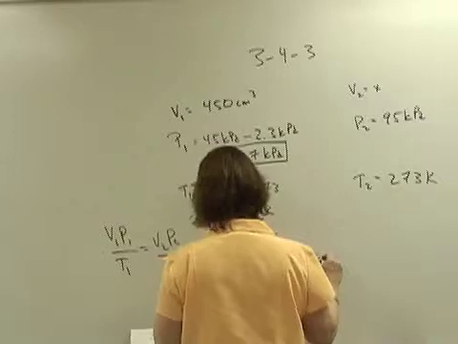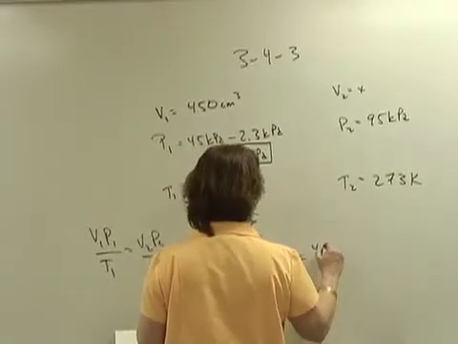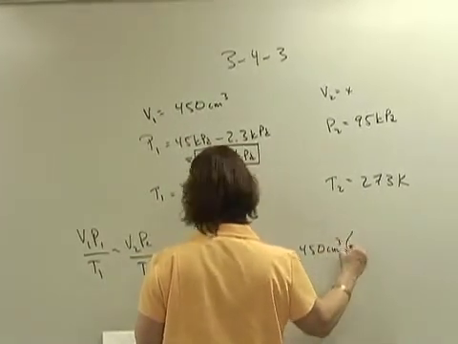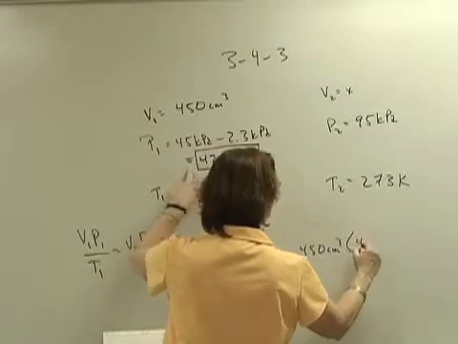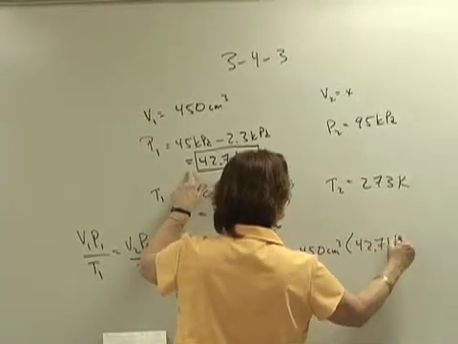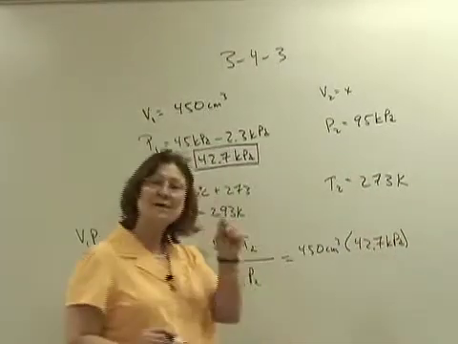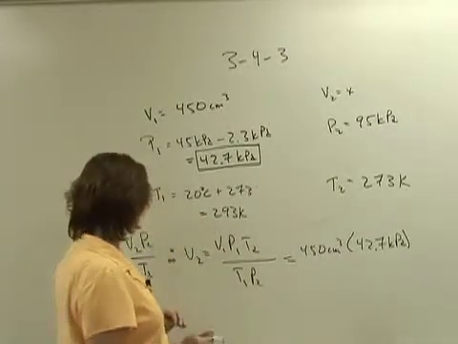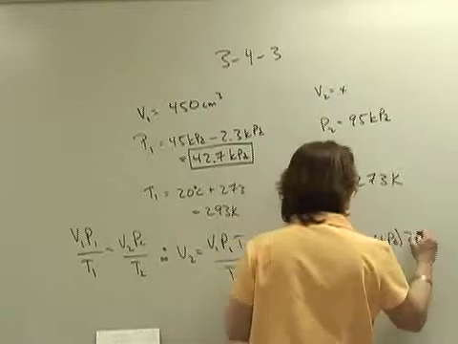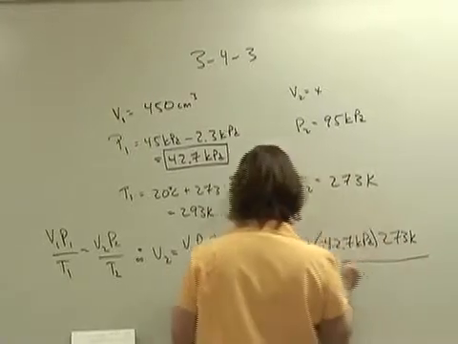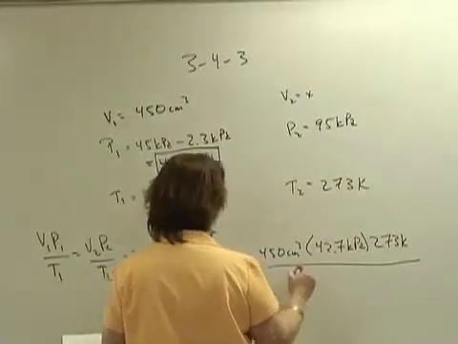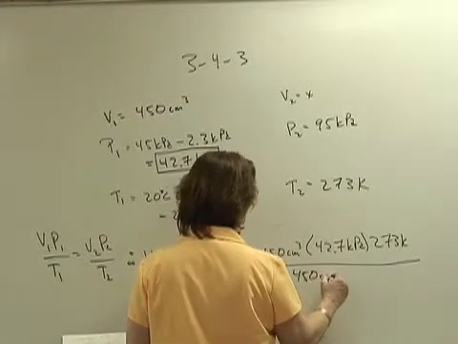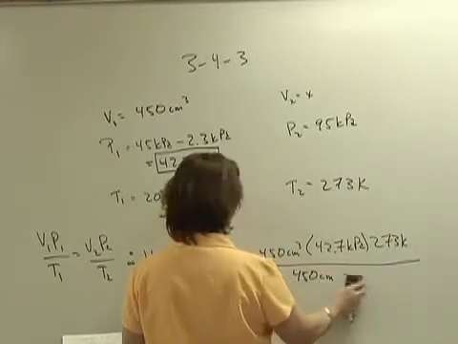And therefore, my V1 is 450 centimeters cubed. My P1 is 42.7 kPa. And that was the one different part of this where we're using Dalton's law. And my T2 is standard temperature. And I divide it by my T1, which is, oh, that can't be right.